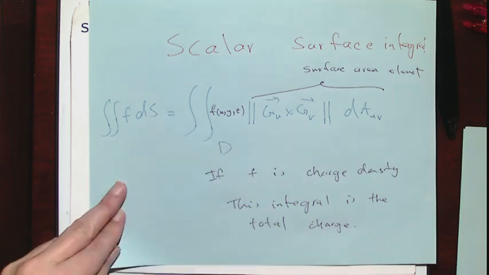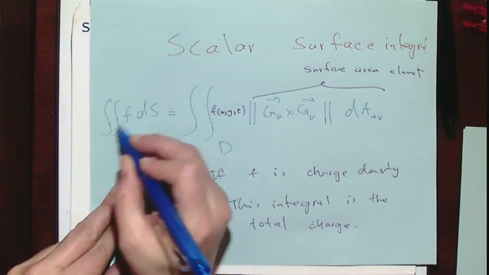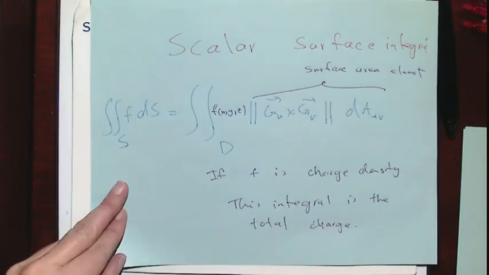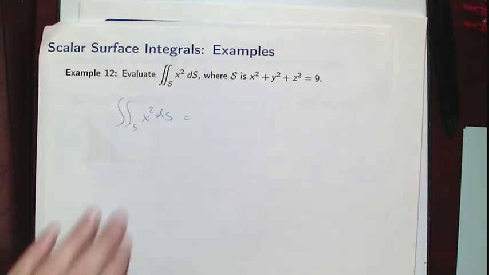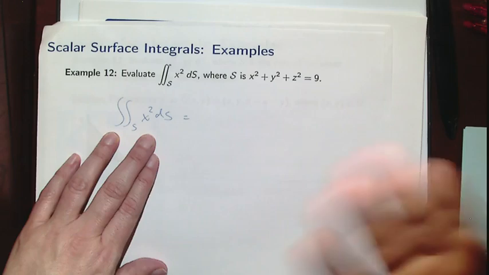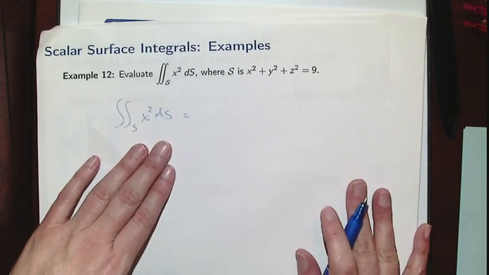And then when you have the vector surface integral, S will have a vector on top of it. Over the surface S. So when they give me this, see dS means surface integral. So when they give me this, what are they asking me to do?